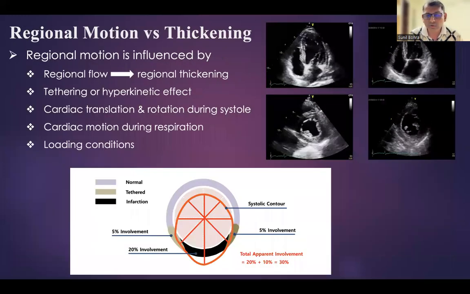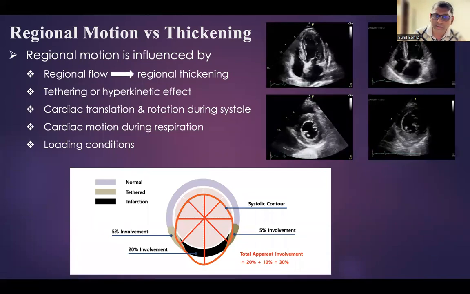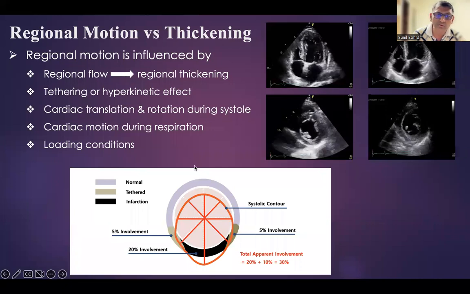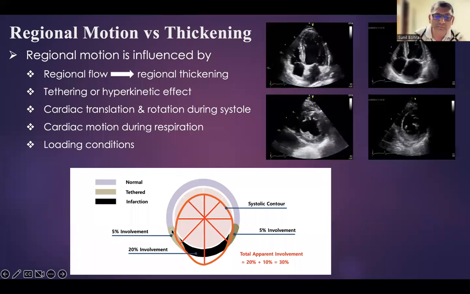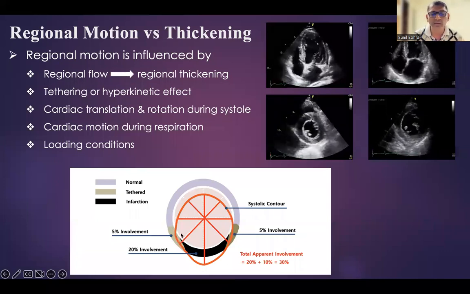So the regional motion is influenced by the regional blood flow to that particular segment, which again is responsible for the regional thickening. Also, there is influence by the tethering or the hyperkinetic effect. What do I mean by tethering effect? Suppose there is an akinetic segment or a hypokinetic segment, and because of the normal segment, there is an influence on this tethered segment.